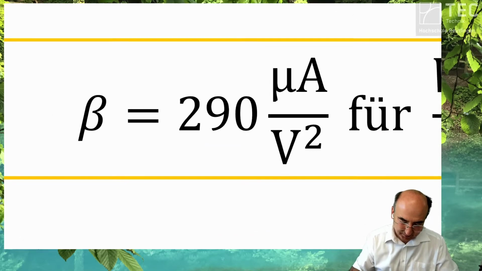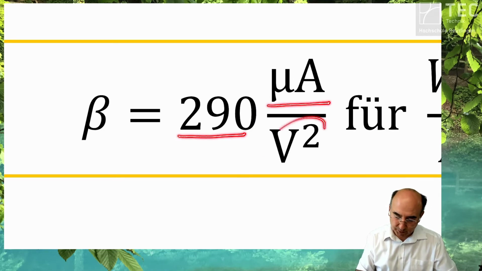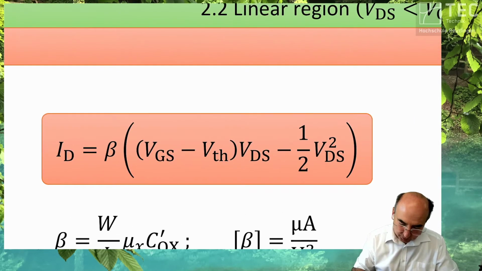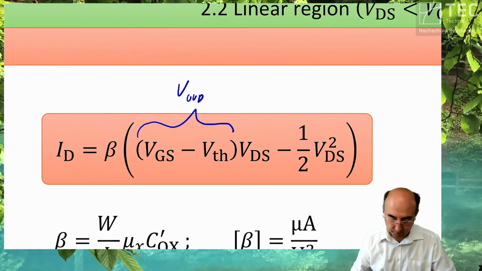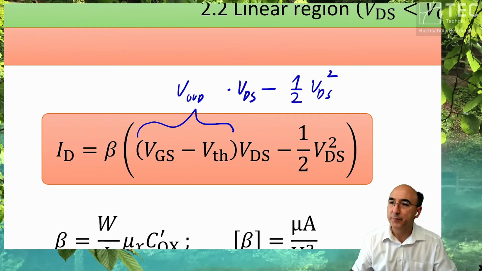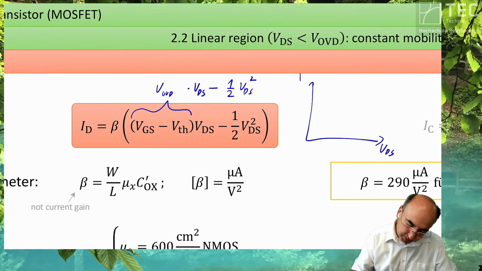And this value says, that's interesting, you get 290 microamp per square volt. Let's take a look at the equation. Here you have your overdrive voltage times VDS minus half VDS square. This is VDS and this is ID.